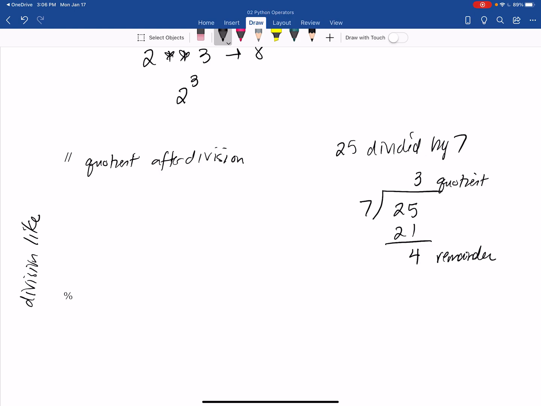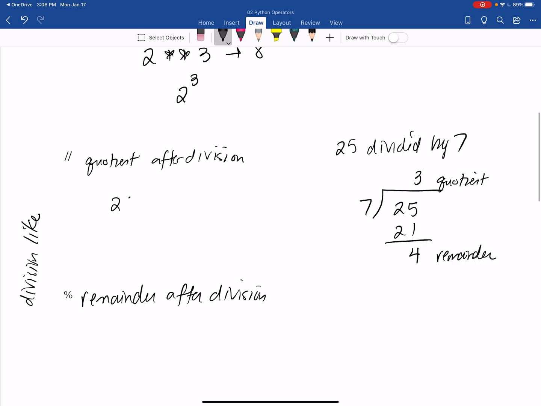And this percent sign gives you the remainder after division. So in this example we just did, 25//7 would spit out 3, because that was the quotient part. And 25%7 would spit out 4, because that's the remainder. We could do another one.